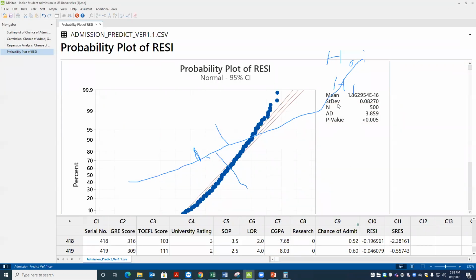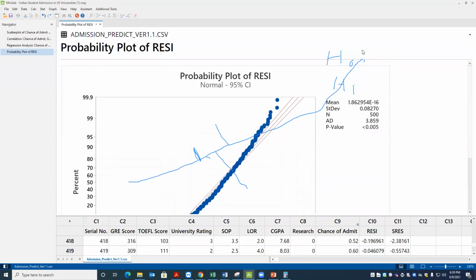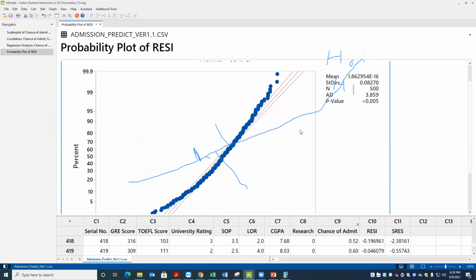Based on the p-value, you can tell whether they are distributed normally or not. The p-value is less than 0.005. Therefore, errors are not normally distributed.